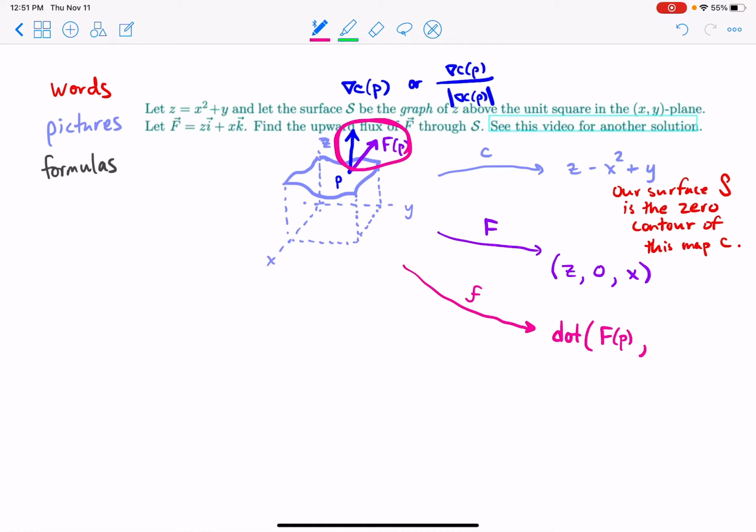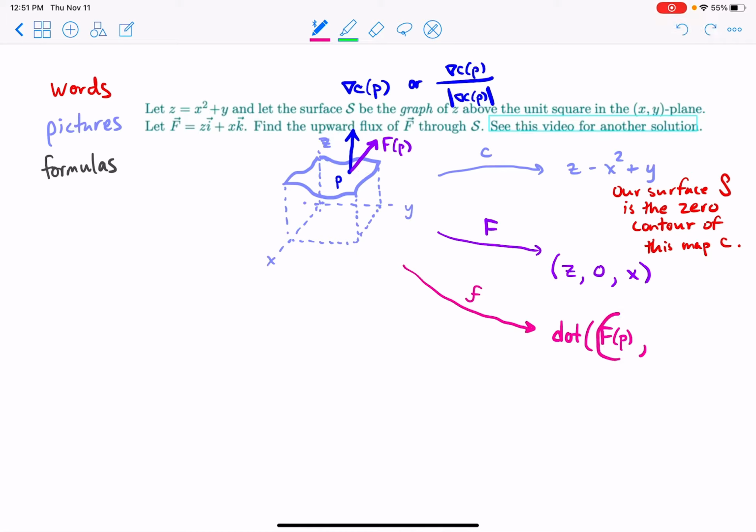How much are they going in the same direction? That measures how much our vector field is fluxing through the surface S at the point P, and then we'll integrate over all the different points on the surface.